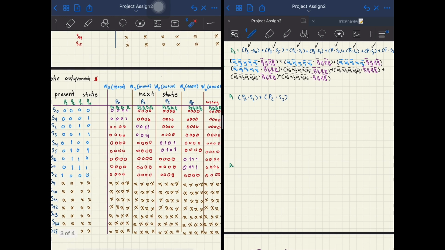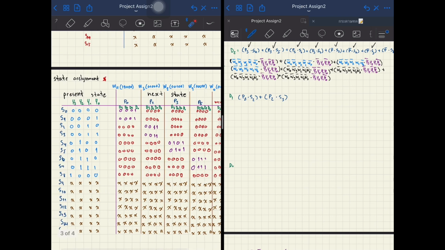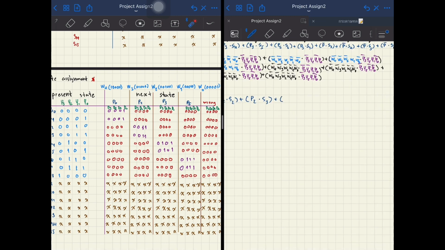Then we find D1. Here, it is press 5 and with state 6, 7. So we can write press 5 and with state 6, or with press 5 and with state 7.